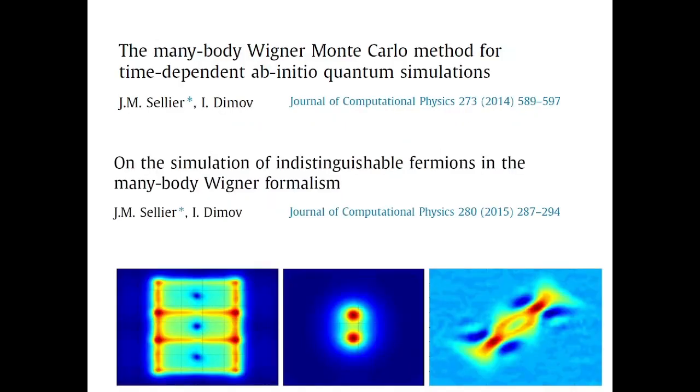The good thing is that we don't actually have to use the time-dependent many-body Schrödinger equation to simulate this kind of quantum system. There are two papers that can help us with these simulations, not by using the Schrödinger equation directly, and not by using the concept of wave functions, but simply by using the concept of signed particles.